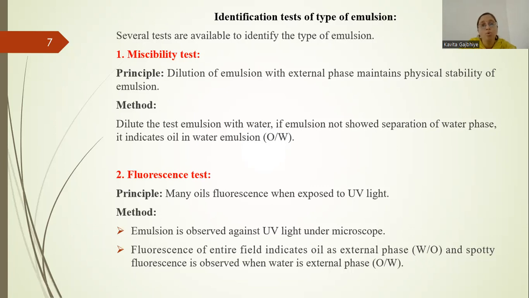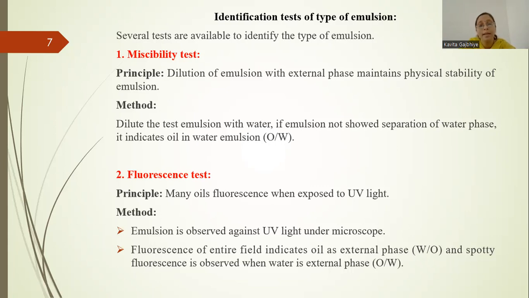Now, what is the method to check the type of emulsion? Dilute the test emulsion with water. If the emulsion does not show any separation of the water phase, of course it indicates it is an O/W type of emulsion. O/W type of emulsion means your external phase is water. So if you dilute this O/W emulsion with water, of course it will not break or separate.